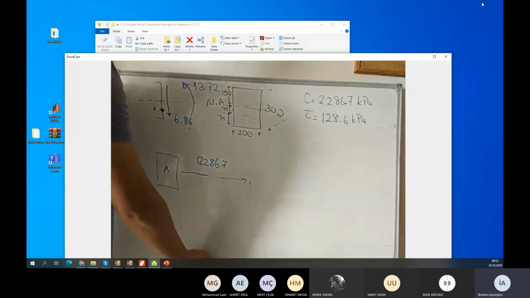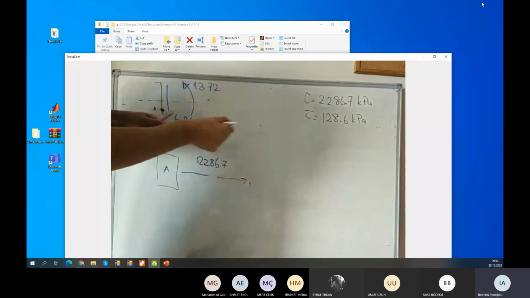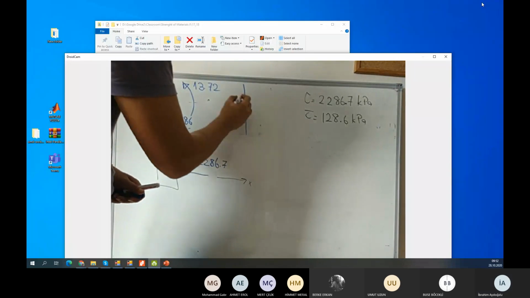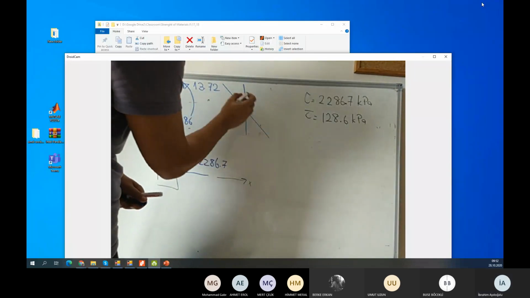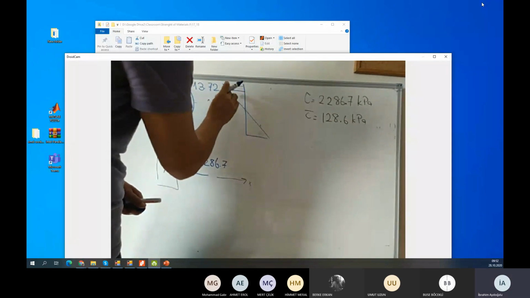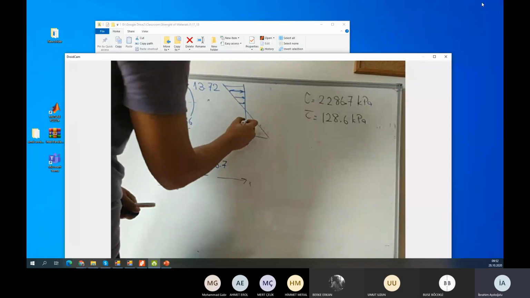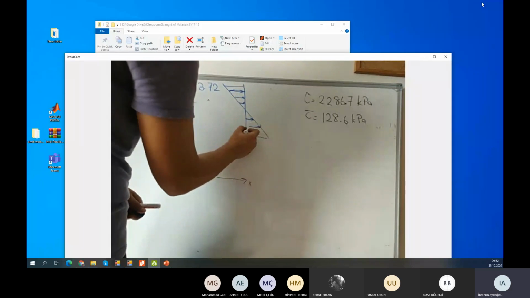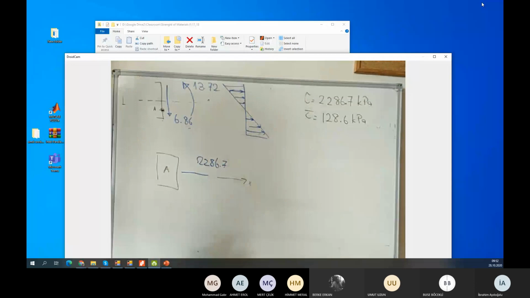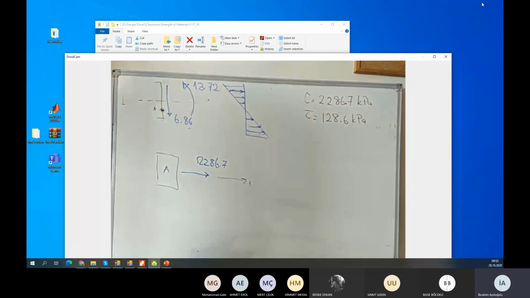Therefore, if I want to draw a shear force diagram like this, you can see, I'm sorry, this should be compression. This term should be like this. So my arrow should be like this.